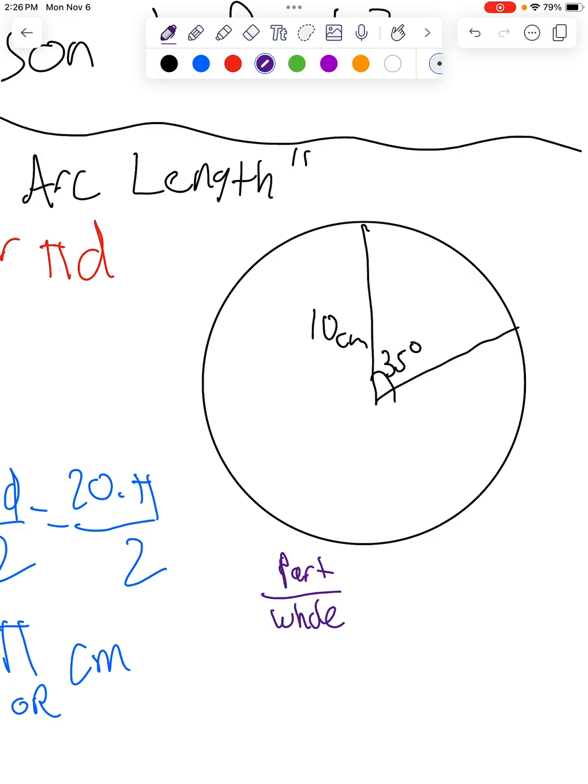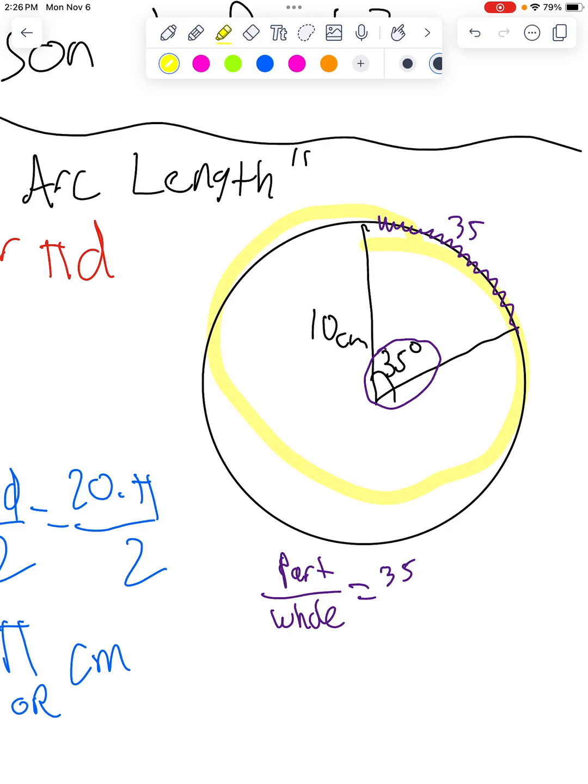So I'm thinking, what is this arc length right here? It's going to match my central angle, so it's going to be 35. But I know that all the way around a circle is 360 degrees, so I'm going to put it over 360.